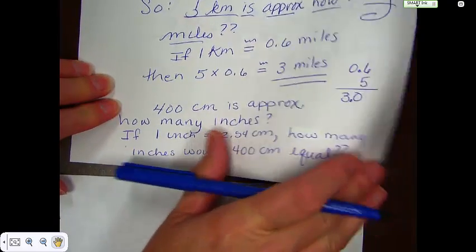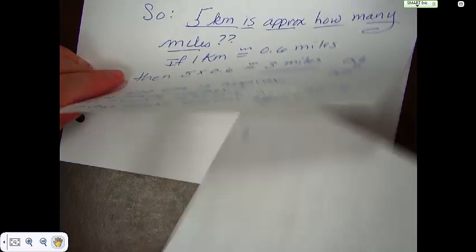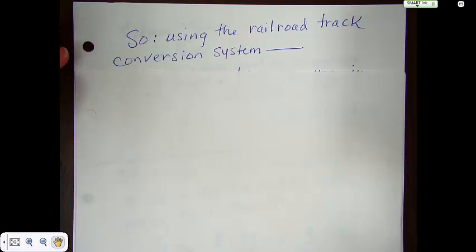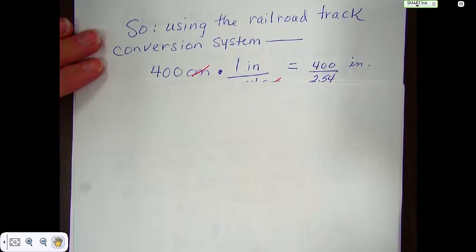Well, this one's just a little bit difficult because of the way it's set up, so I'm going to use a different method. This is the method I was talking about. It's called the railroad track conversion. It's pretty slick, and we're going to practice it quite a bit in class as we go through the book.